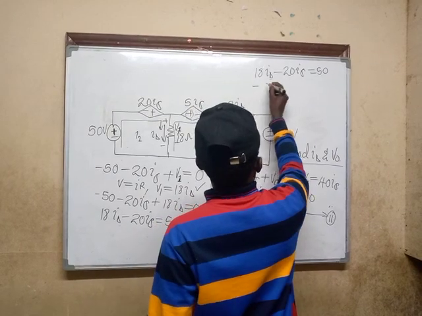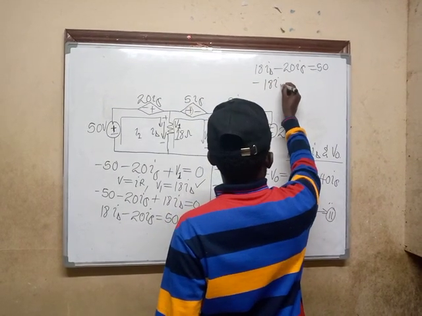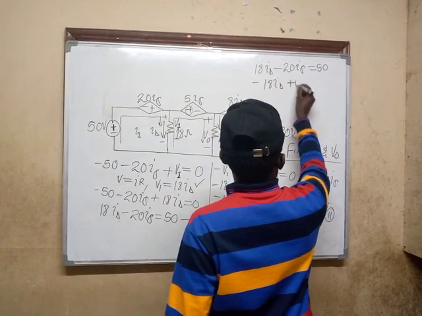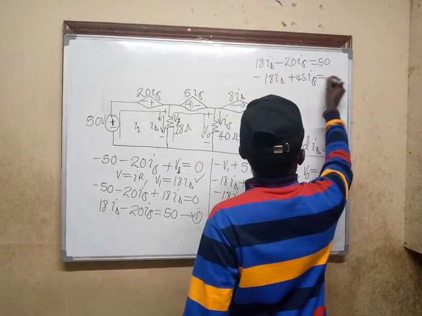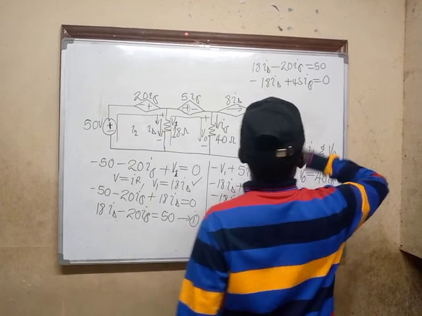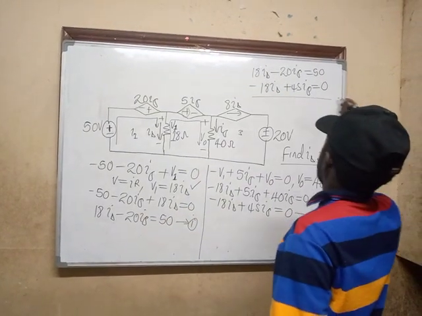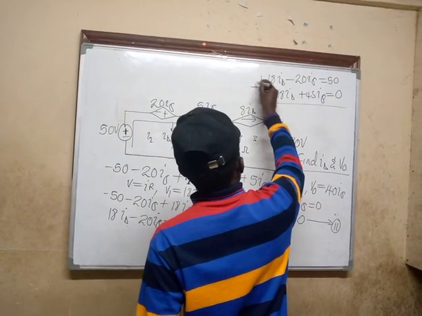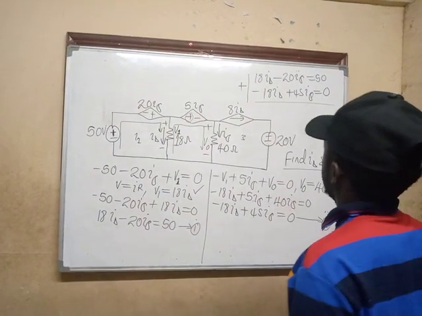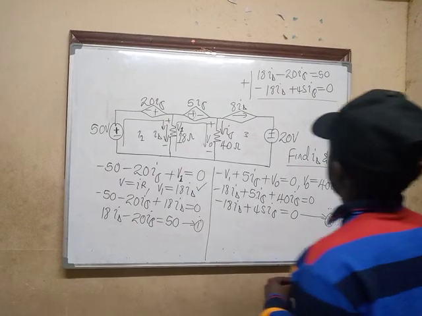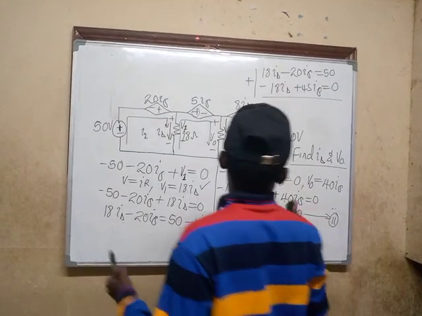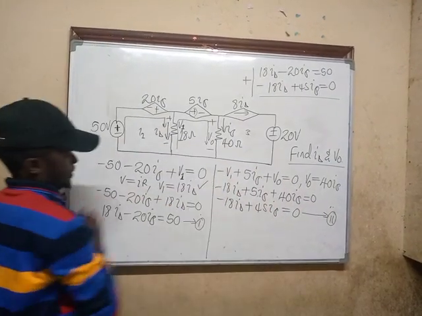Then secondly, I have 18 I delta plus 45 I sigma equals 0 again. So it's possible to solve these two simultaneously.